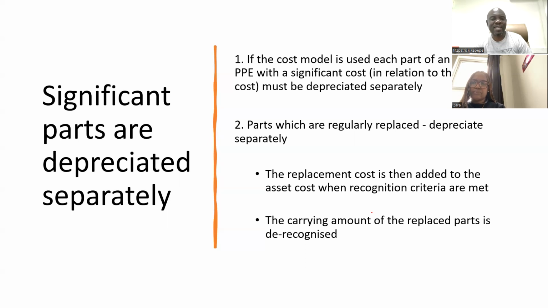So the replacement cost is then added to the asset cost. When recognition criteria are met, the carrying amount of the replaced parts is derecognized. So you derecognize the asset that you're removing. When you are replacing, you then recognize using the current cost, using this cost model.